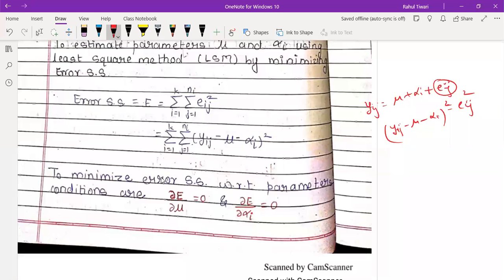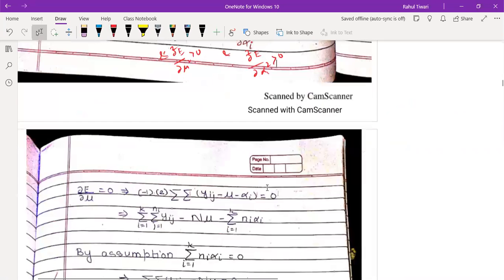And the second derivative of E with respect to mu should be positive, and the same for alpha_i. So these are the two conditions you have to write down. Whatever extra I'm writing now, you can put in while writing your notes, because some part is missing there.